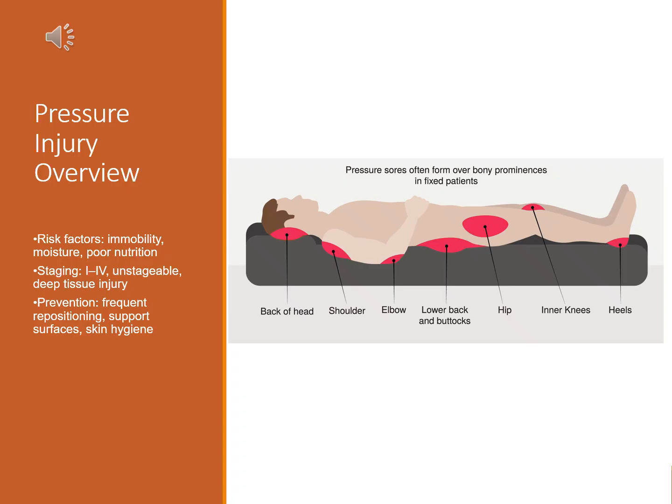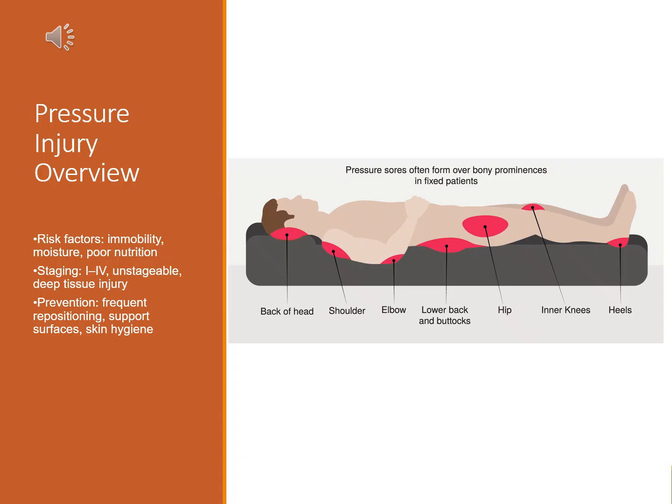This is due to a sustained pressure that compresses blood vessels, so blood flow decreases and leads to ischemia of the tissues. Over time, that tissue does not get enough blood flow, does not get enough oxygen, and then cell death occurs. So this tissue starts to necrose or break down.